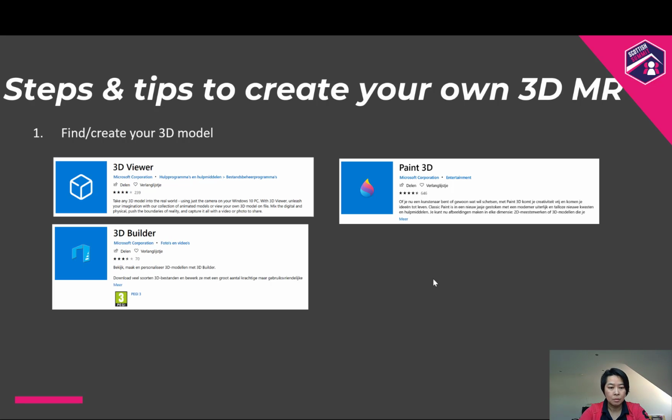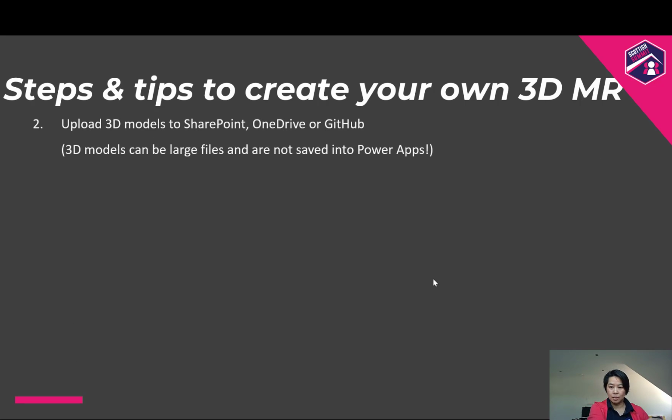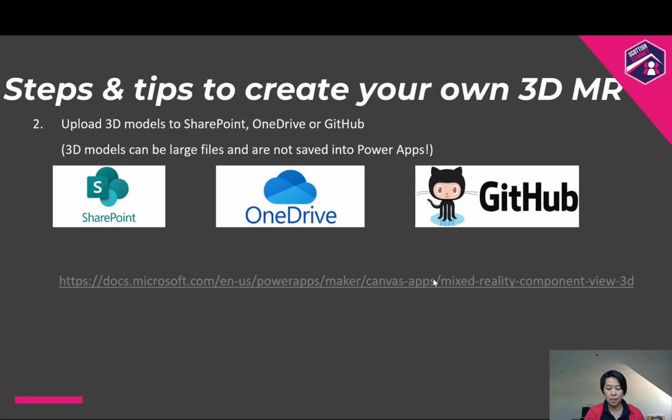Please be sure when you have the 3D models, it must be saved as a file type GLB, because that is the supported file extension for Power Apps. Then upload it to an internet source in a location where the Power App can grab the 3D model.